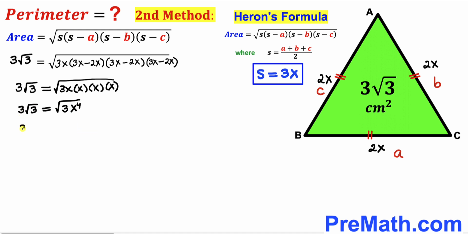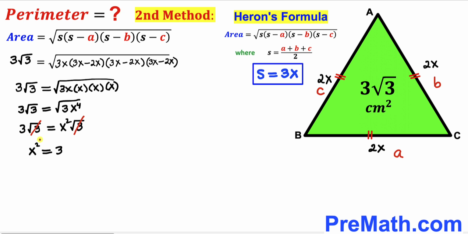So therefore we can write this thing as 3 times square root of 3 turns out to be equal to x square times the square root of 3. And here we can see this square root of 3 and square root of 3, they are gone. So therefore our x square value turns out to be 3.